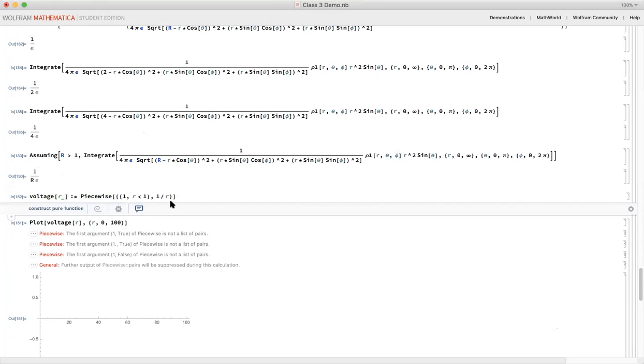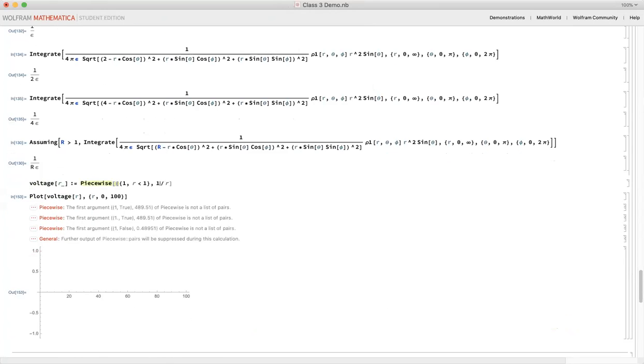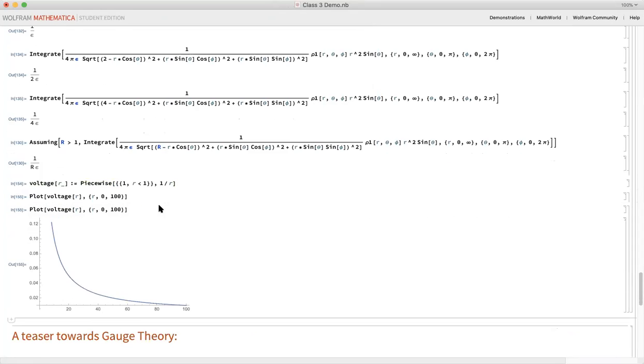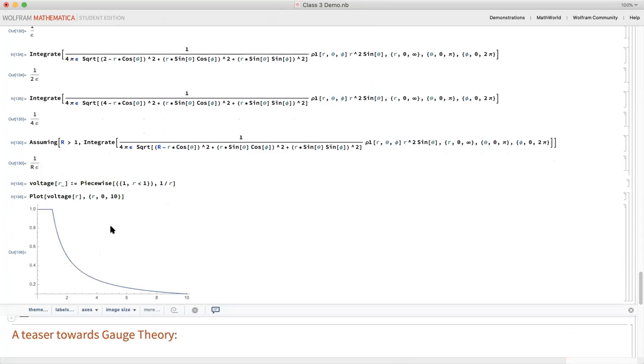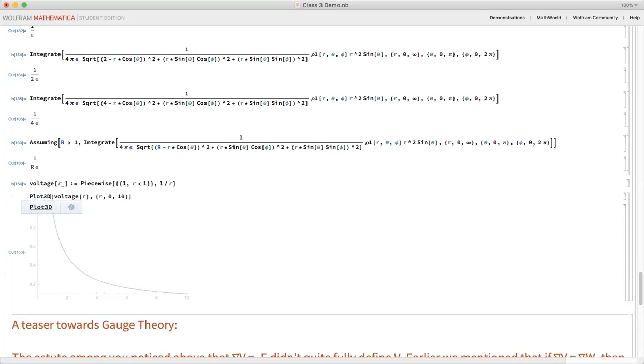Let's not do 100. There we go. Right, so this is our voltage field. Inside the sphere, it's constant. Outside, it goes away. Could even do this as a 3D plot. Obviously I can't do this for an actual sphere in all directions, because then you couldn't see the voltage field, right? That would need to be 4-dimensional.